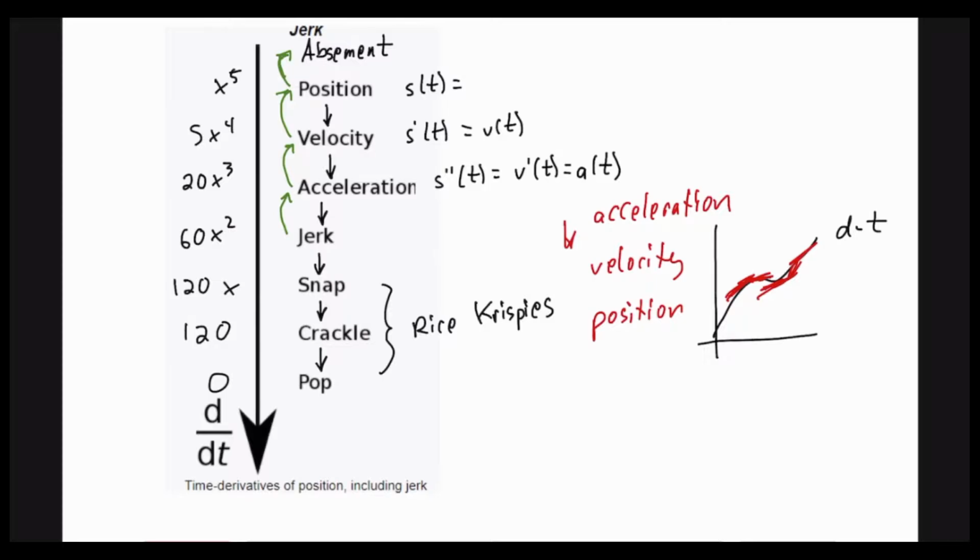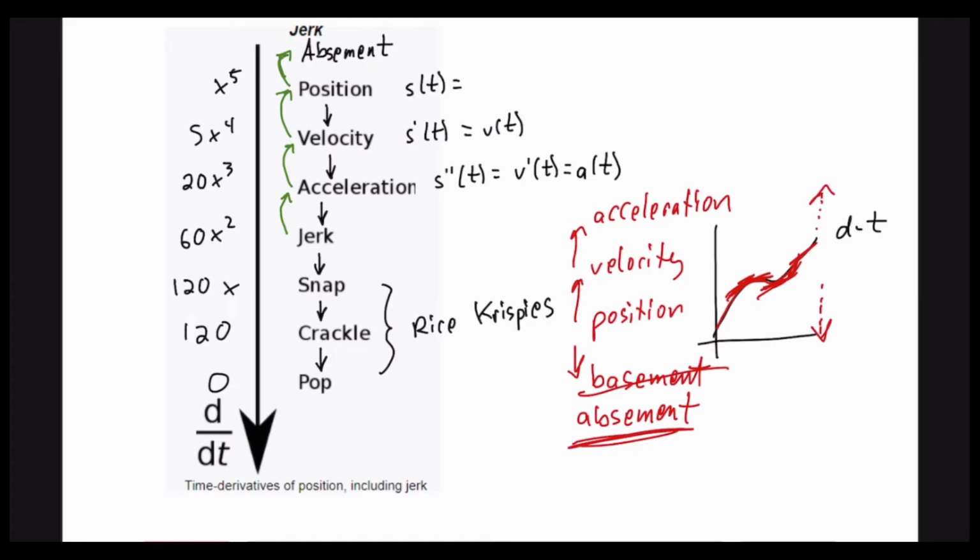I start at position and work upward, but if I were to work downward, then I think about being in the basement, the absement. So if you do want to memorize this list, just for fun or something you think you'll be using in the future, I like to think of it as, I start by thinking about my position time graph. If I work down, so to speak, I end up in the basement, the absement. And if I work up, then I find things like the velocity and the acceleration and so on.